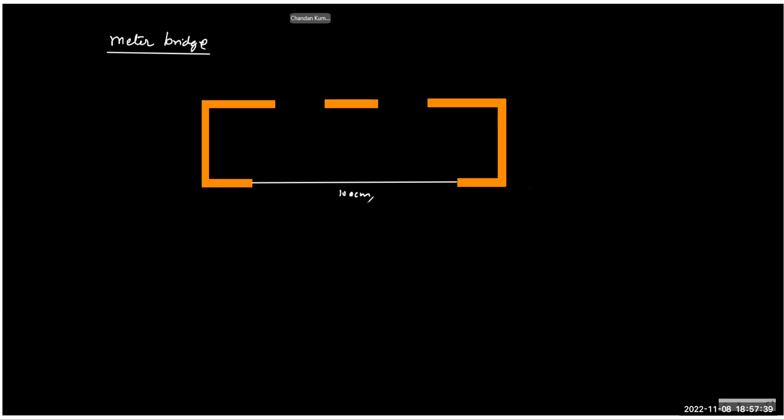And as I said in the last lecture, when you learn some instrument, you need to know all the details, the way it is said. There is something well defined, you can say a conventional thing, which we need to follow. You can see there is an empty space on the left and an empty space on the right. These are called gaps in which you connect some resistor.